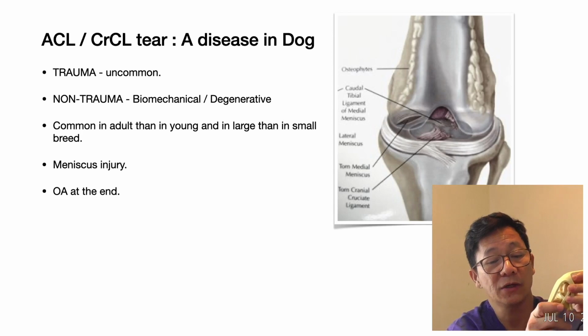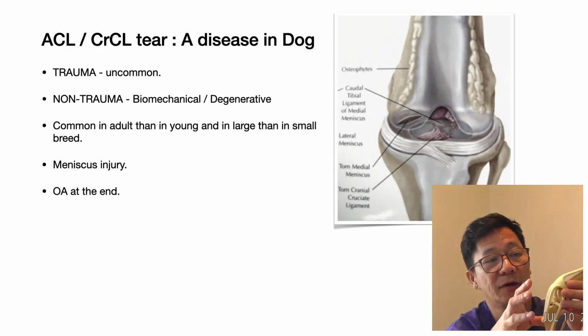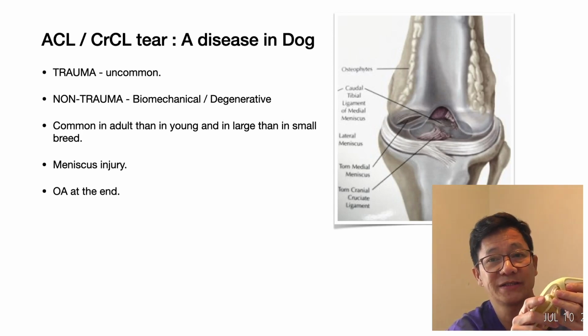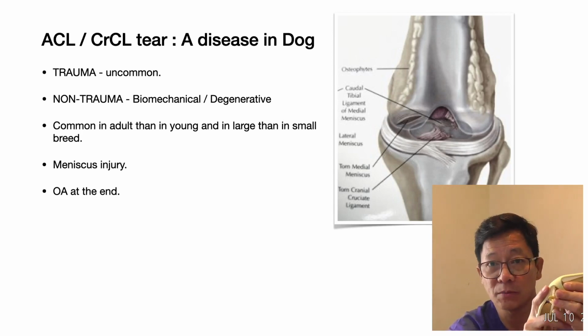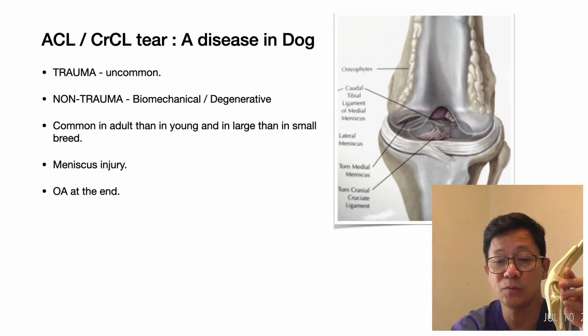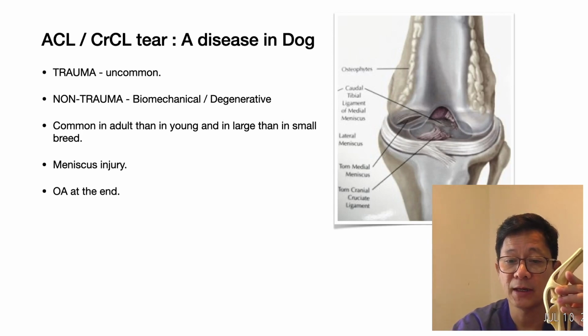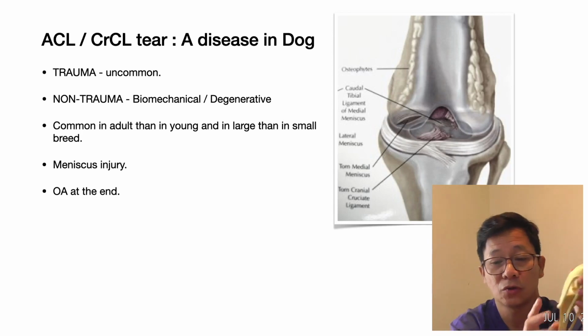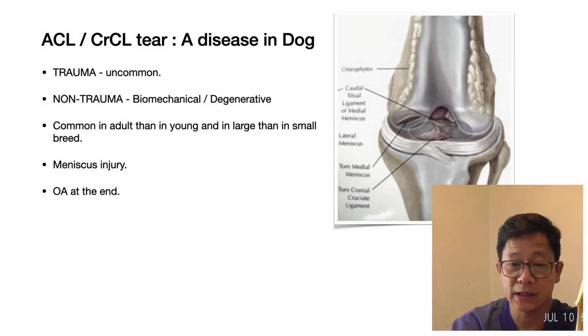So, what are the causes of cranial cruciate disease? Although this is still unknown, but trauma is uncommon. Okay? Unlike in human, trauma is one of the most common cause of ACL or torn ACL. Mga athletes, no?